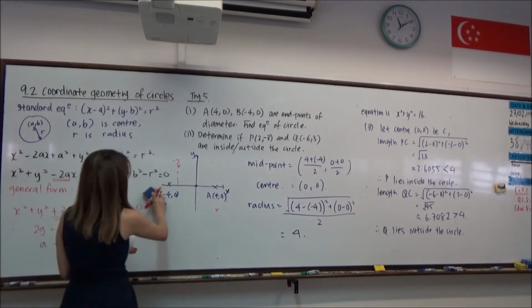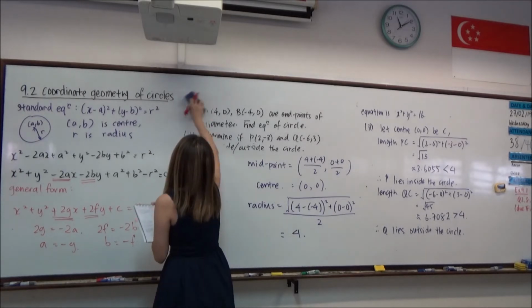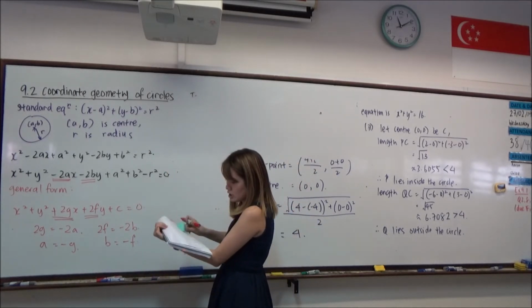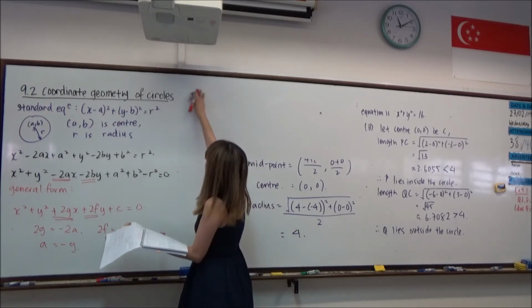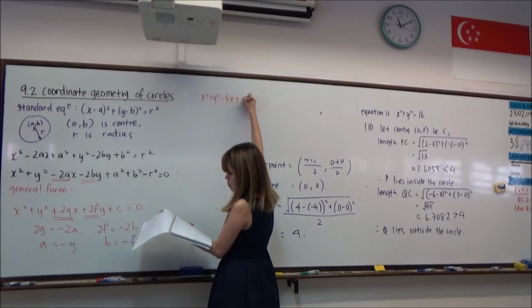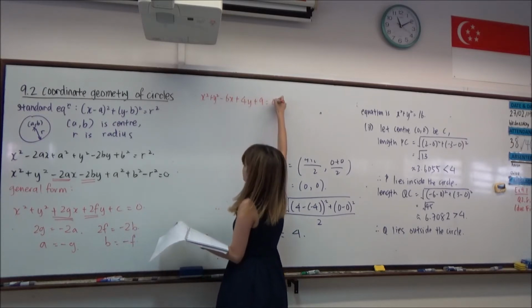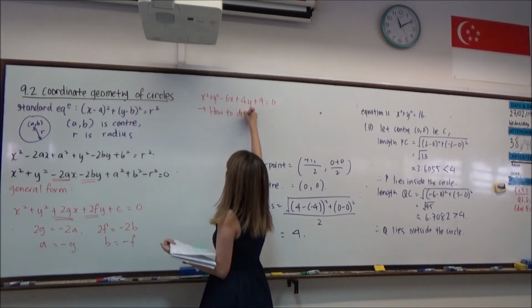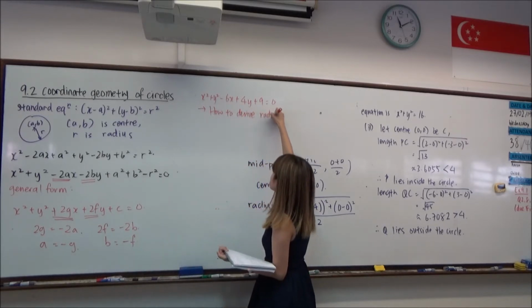So now I have already found out how to derive from an equation. The equation I gave earlier was this. And my question just now was how to derive radius and center.